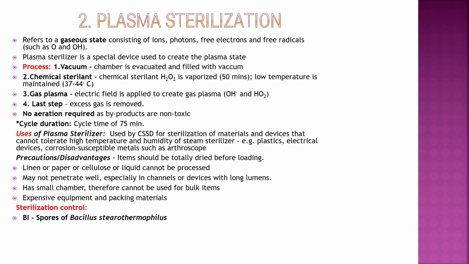Linen, paper or cellulose cannot be processed. It may not penetrate well, especially in channels or devices with long lumens. It has a small chamber, cannot be used for bulky amounts, and has expensive equipment and packing materials. Sterilization control is the biological indicator: spores of Bacillus stearothermophilus.